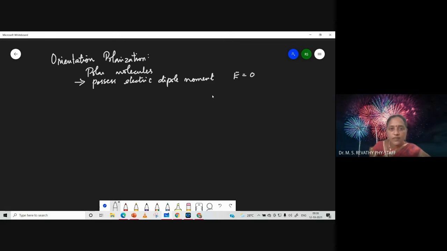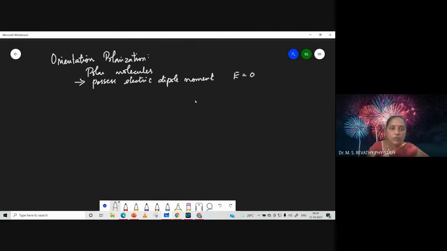This is similar to what we have seen in paramagnetic materials. And non-polar molecules can be considered to be diamagnetic materials because their character seems to be similar.